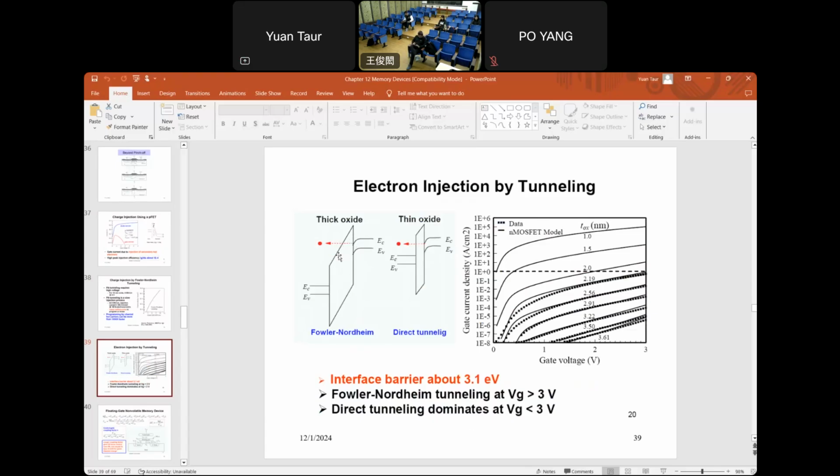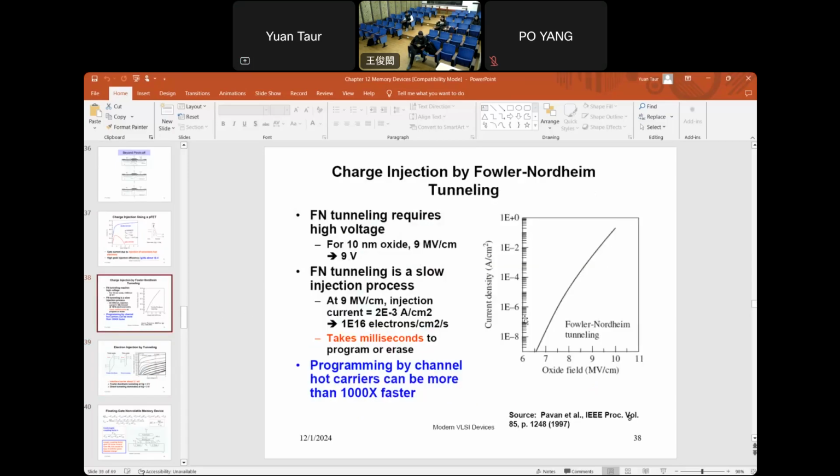So it's called Fowler-Nordheim tunneling. But the voltage has to be higher than 3 volts, because the barrier height from silicon to oxide is 3.1 eV. The Fowler-Nordheim tunneling current is a very strong function of the oxide field.